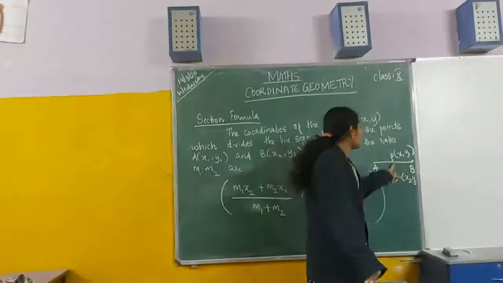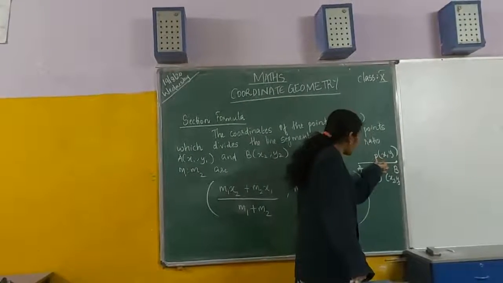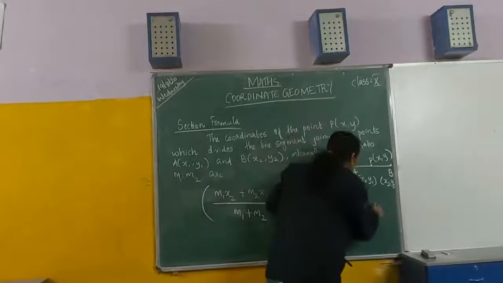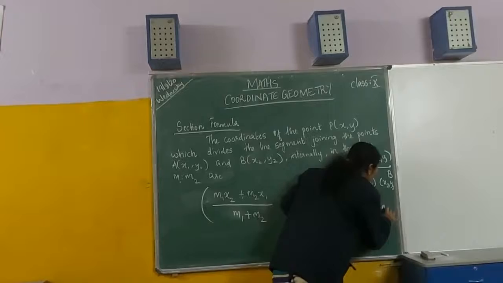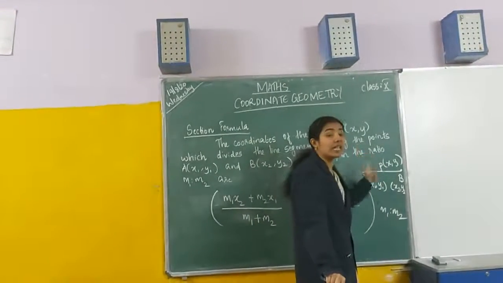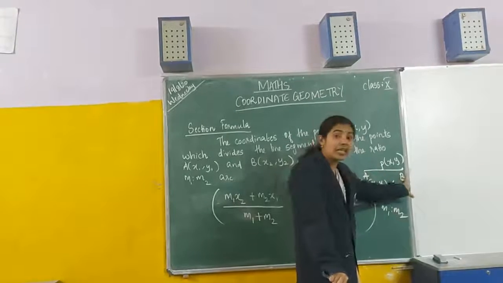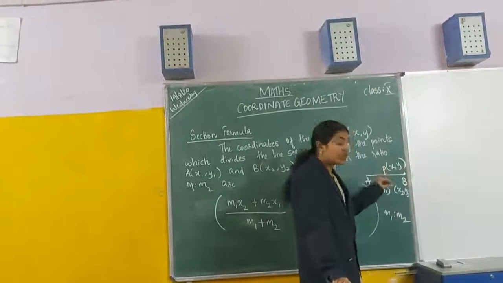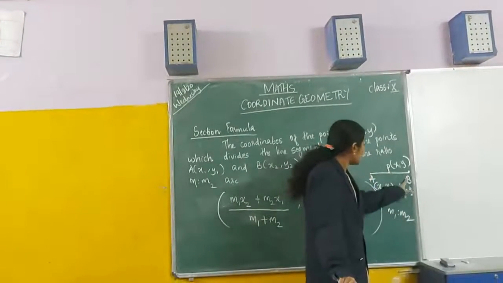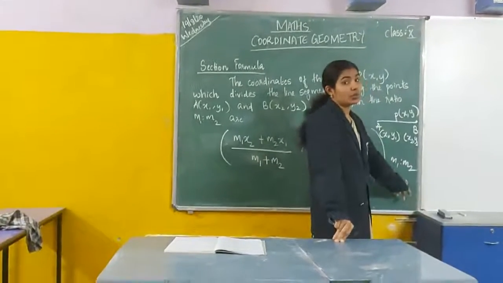This point divides the line segment in the ratio m1 is to m2. The line segment is AB, and P is between A and B, dividing AB in the ratio m1 is to m2.